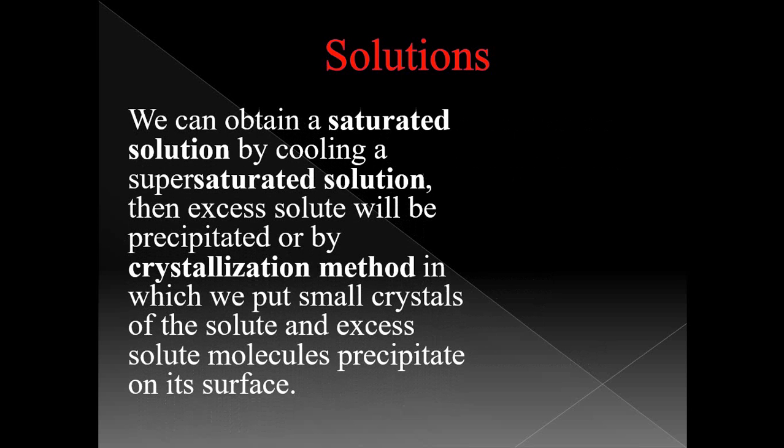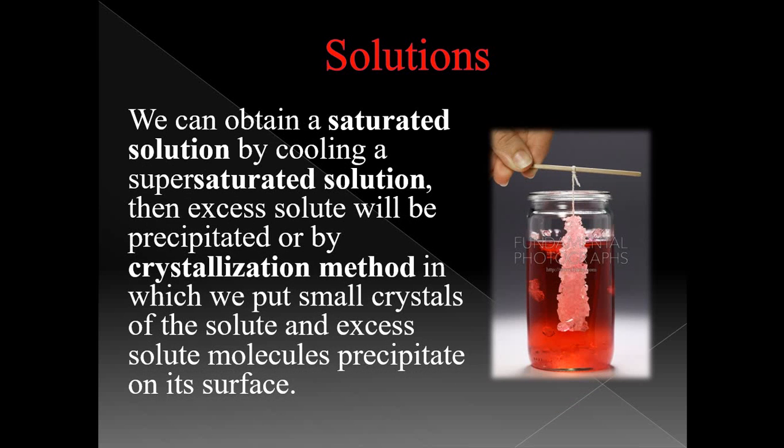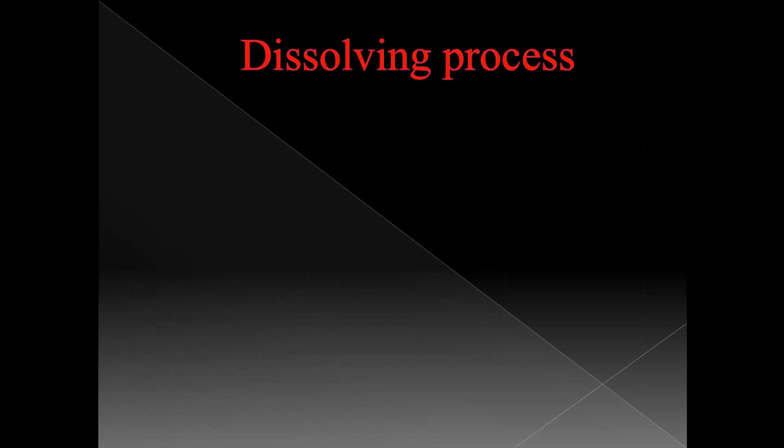And then of course, to return it back to a saturated solution from a supersaturated, we can cool the supersaturated solution so that the excess solute is precipitated, or by the crystallization method, and it's done by placing a small crystal of the solute in the solution and the excess of solute molecules precipitate on its surface.